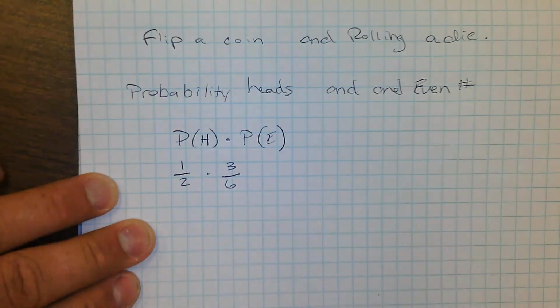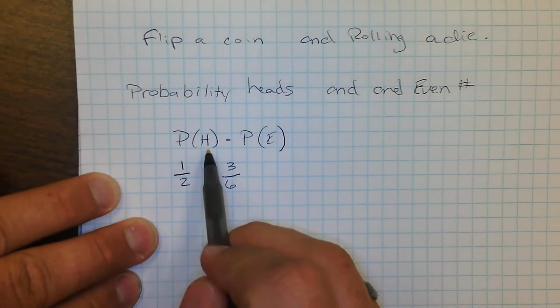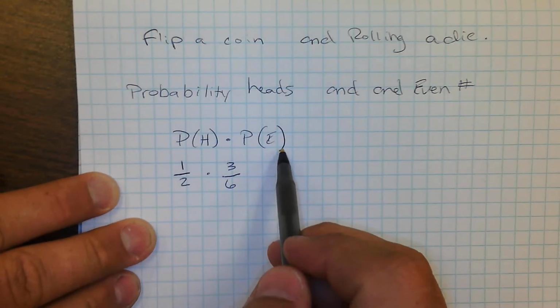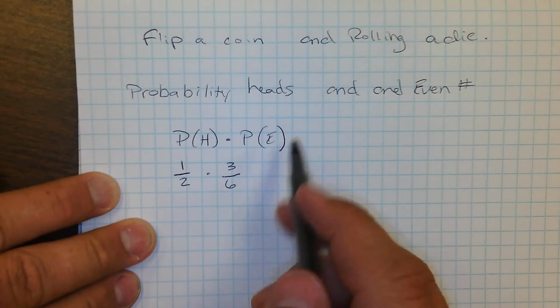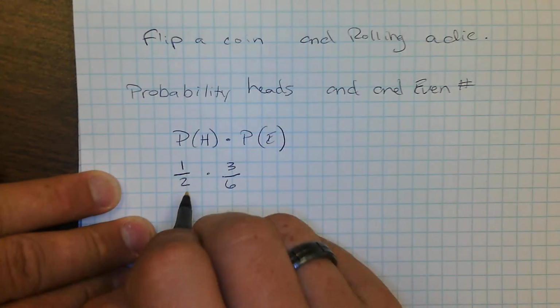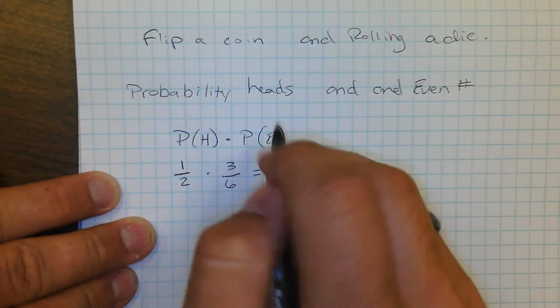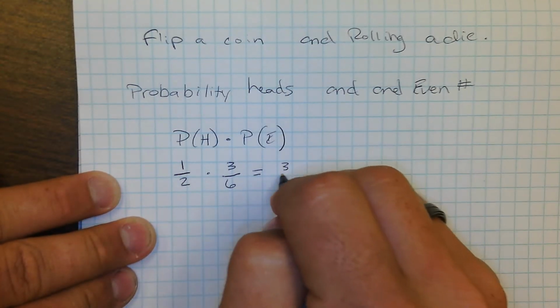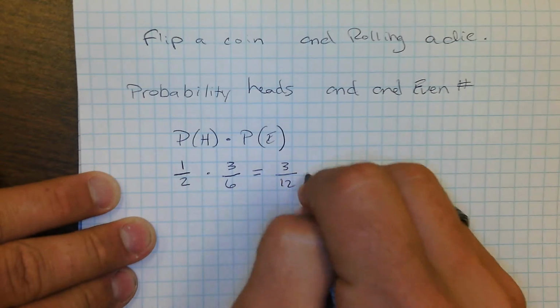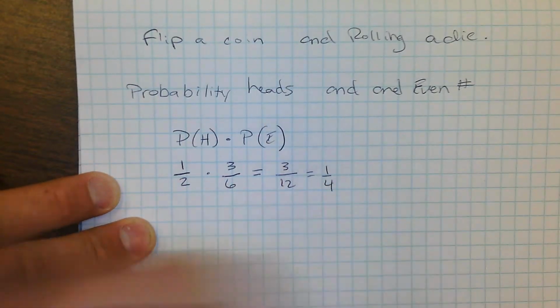So the probability of flipping a coin and getting heads and rolling a die, getting an even number, will be 1/2 times 3/6, which is also 1/2, which will equal 3 over 12, or 1/4.